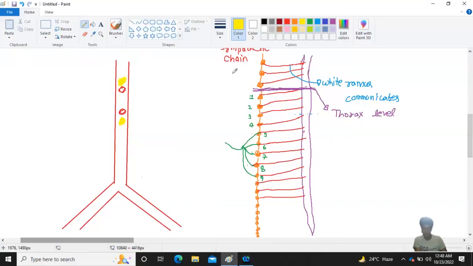And then there is another ganglion, which is called the superior hypogastric, and it continues as the plexus called the inferior hypogastric. These nerves continue here.